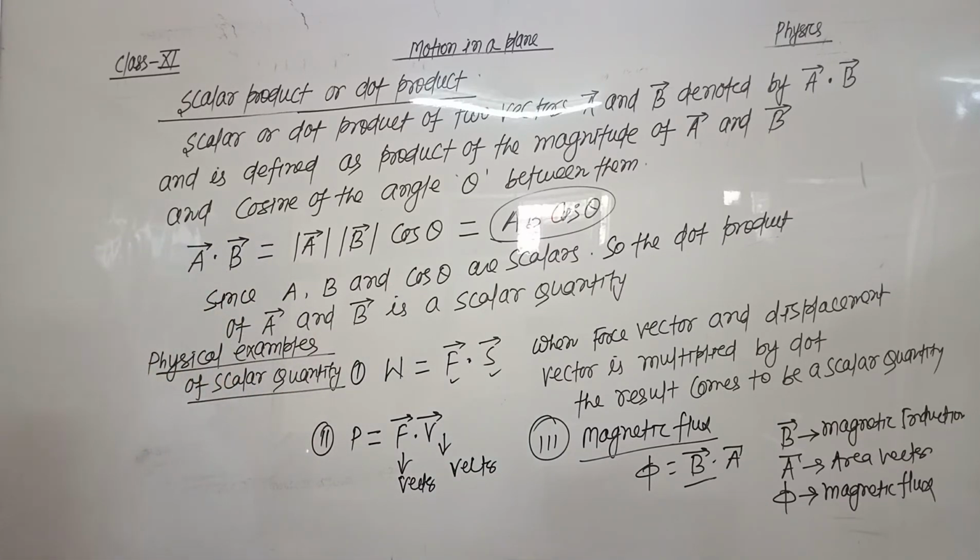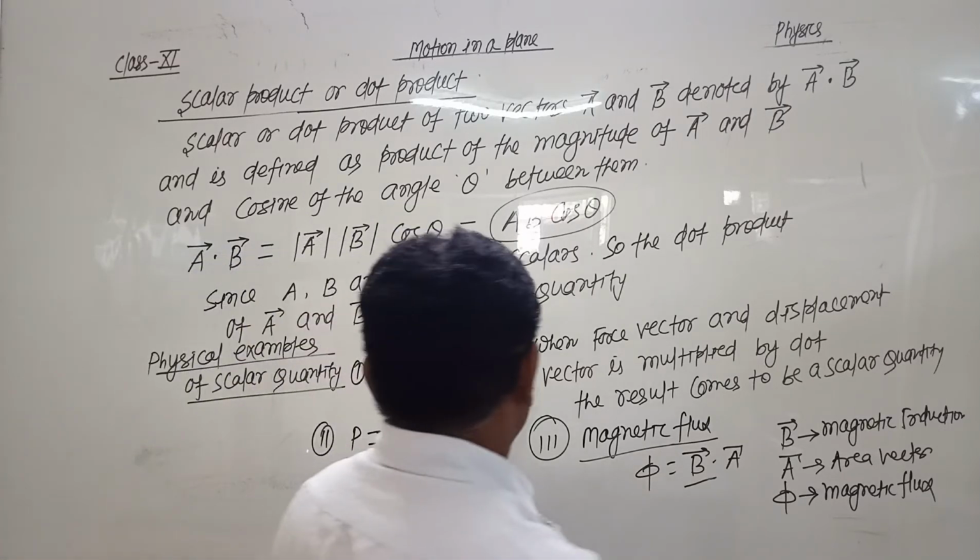So these two quantities are vectors and the result comes to be a scalar. So it is clear that when two vector quantities are multiplied by dot, the result comes to be a scalar quantity.